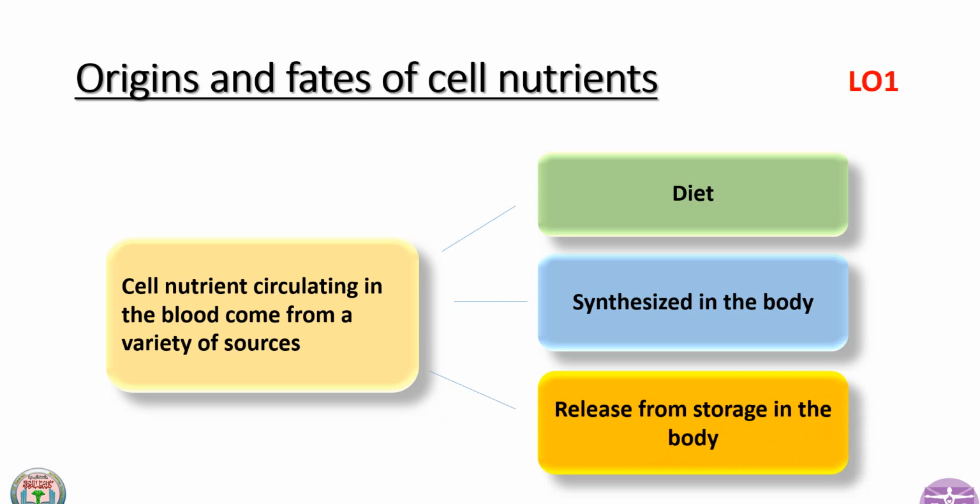Some nutrients may be stored in the body, and when the body needs them, there will be a release from storage sites inside the body. So these are the sources of the cell nutrient.